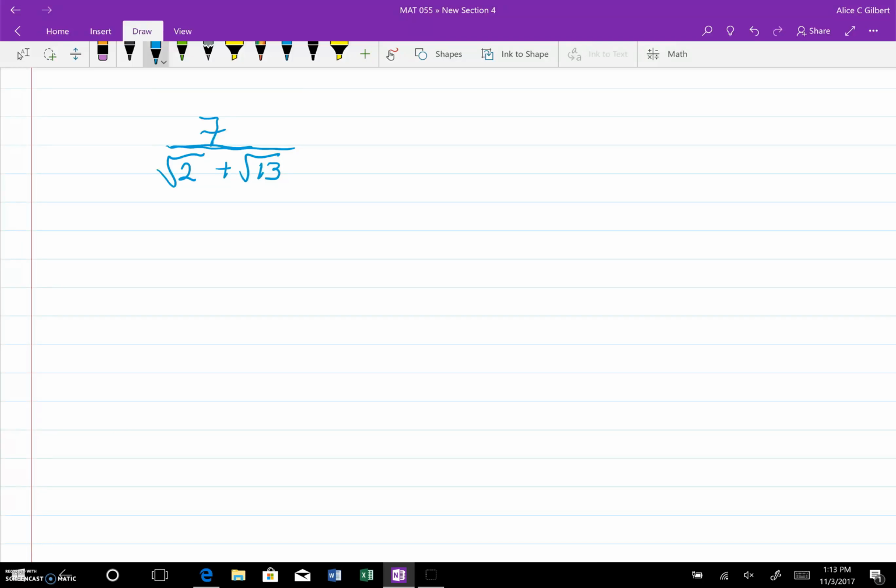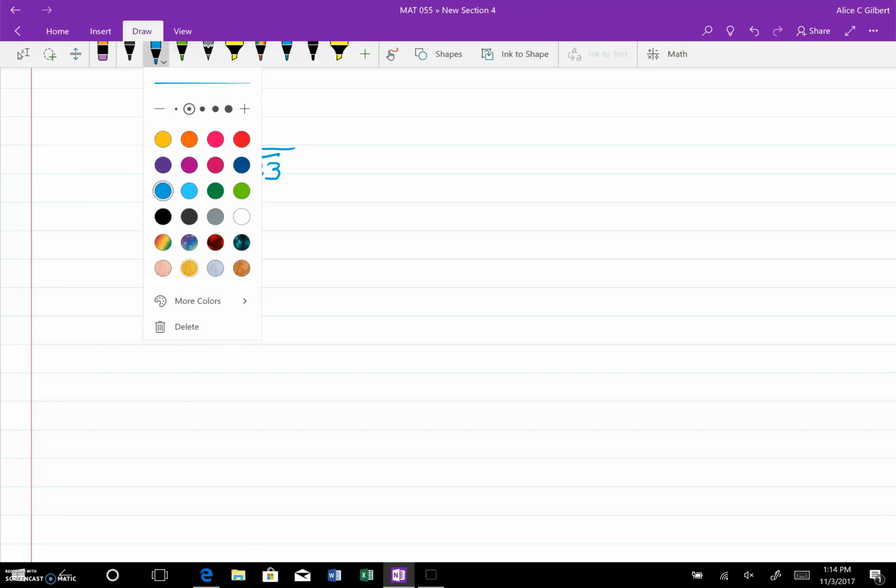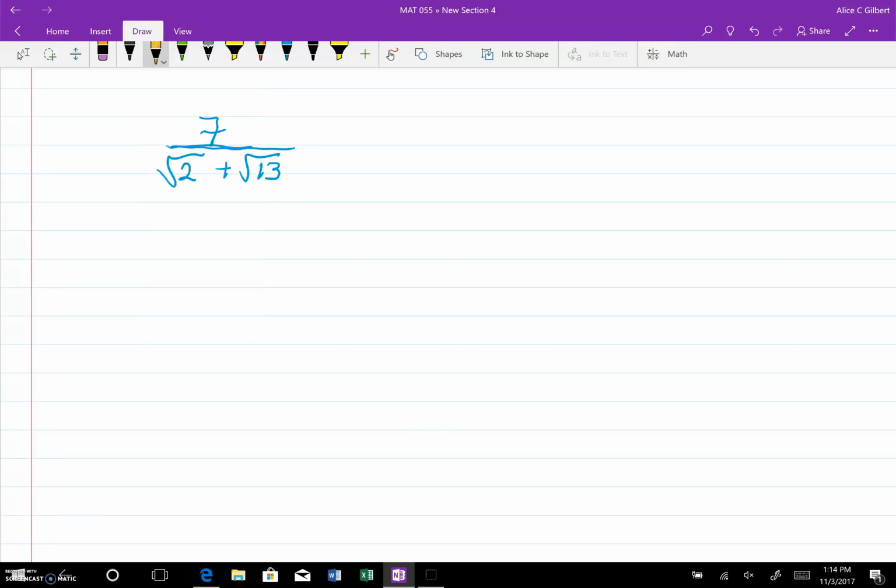Now, what I do here is I'm going to have to multiply the denominator by whatever will make it a difference of squares. So to make it a difference of squares, my x term and my y term are exactly the same, but my signs are different.